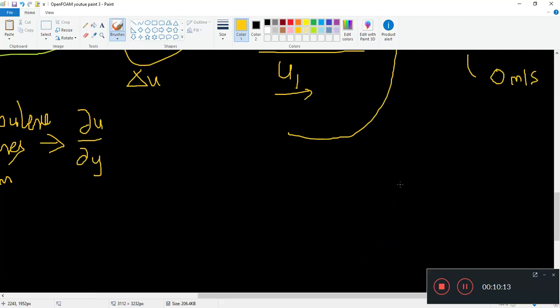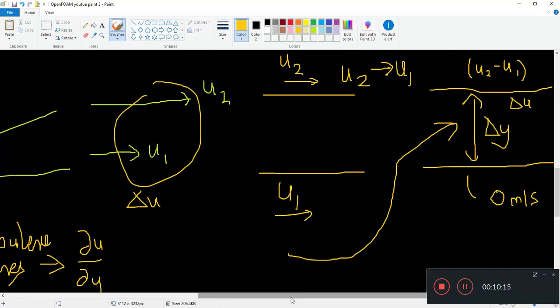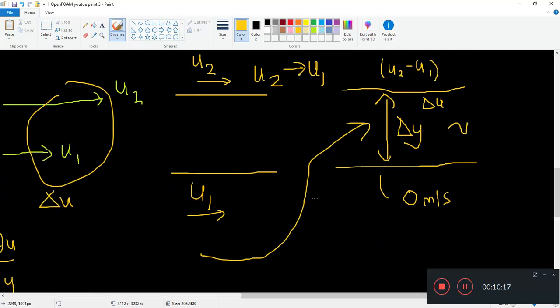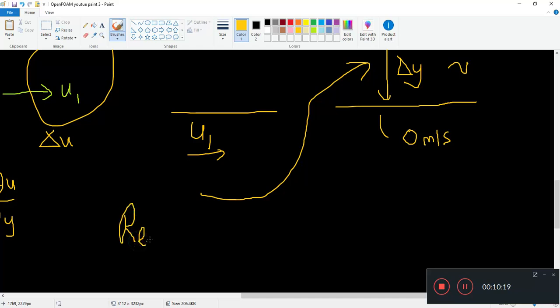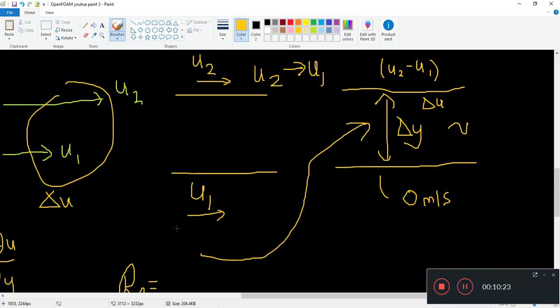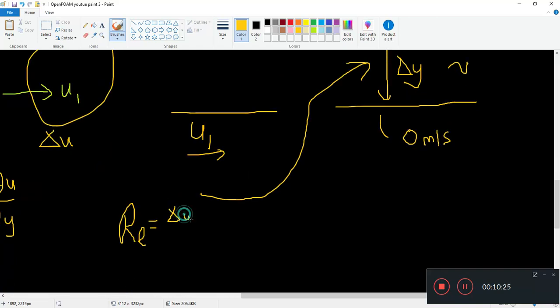The viscosity term is just nu. So the Reynolds number, which is kind of a measure of the turbulence, is delta u delta y over nu. It's a velocity times a length scale over the kinematic viscosity.